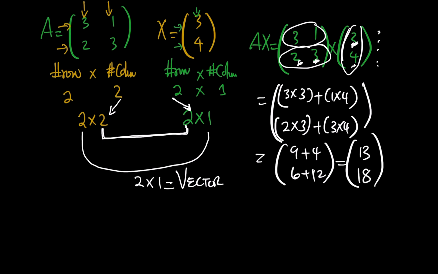And you can see that we have 2 rows, 1 row here, second row here, and 1 column. So it gives us a 2 by 1 matrix, which is a vector. So when we multiply a matrix with a vector, we always end up getting a vector.